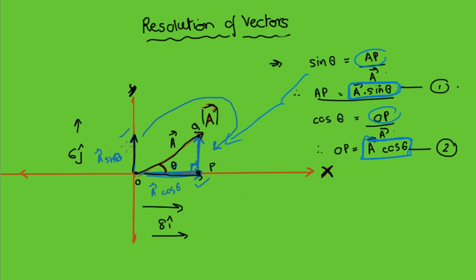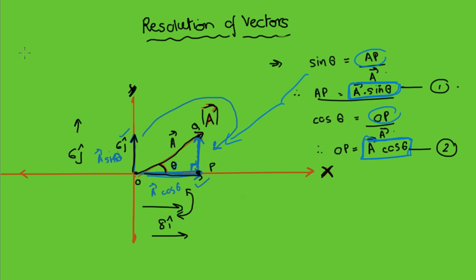So this component is said to be 6j and this component is said to be 8i. So a cos theta and 8i are actually the same, and also 6j and a sine theta are the same. So to find the magnitude, all we have to do is find the magnitude together of the two components of the vector.